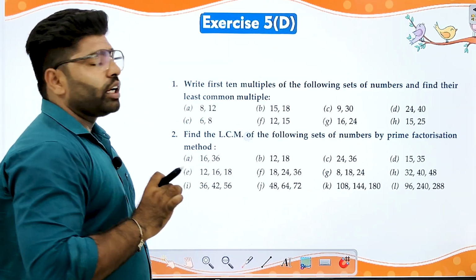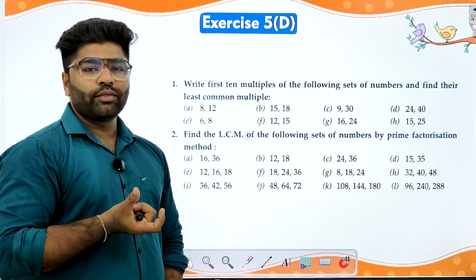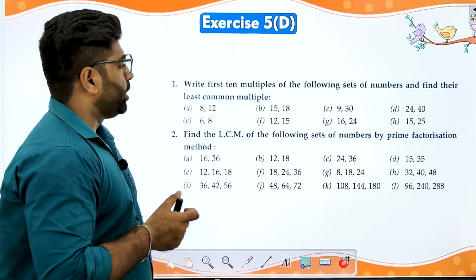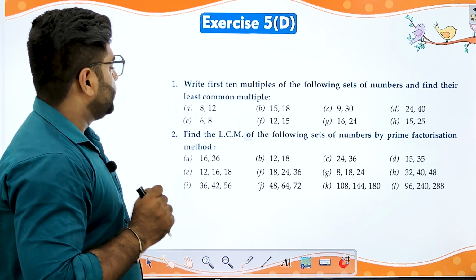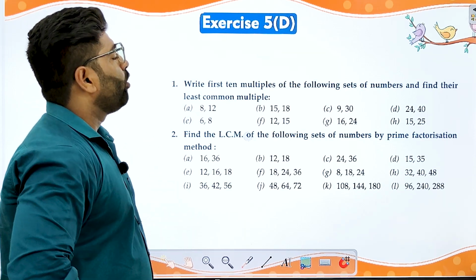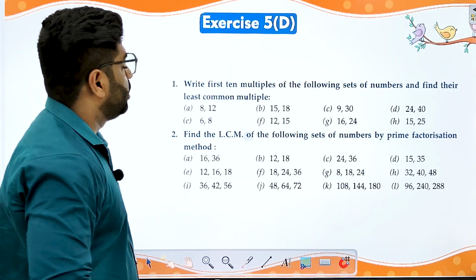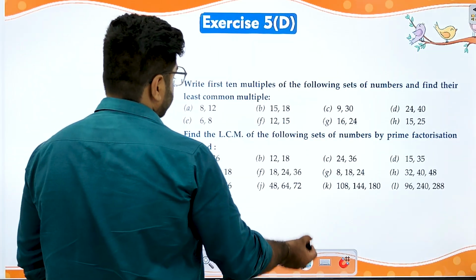Here we have our exercise 5D, where we have to find the LCM by different methods. Let's see question number 1: write the first 10 multiples of the following sets of numbers and find their least common multiple.